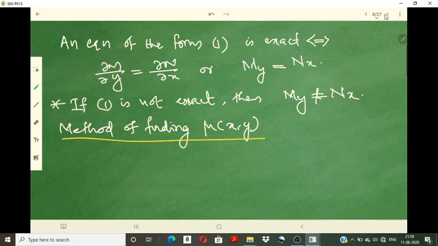When we multiply this function with equation 1, the resulting equation will be exact.